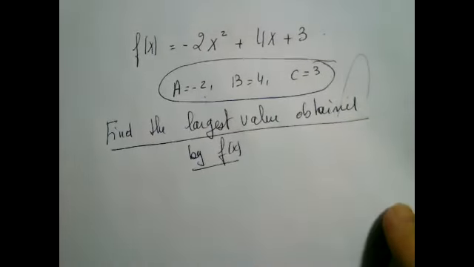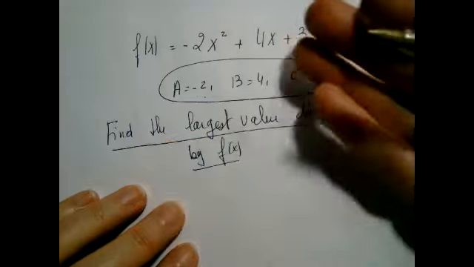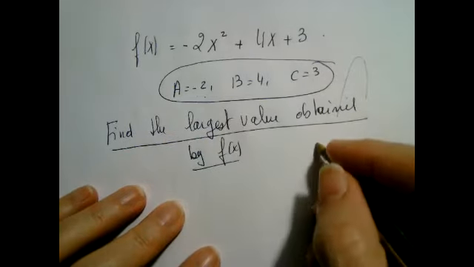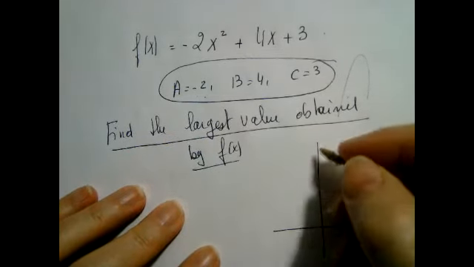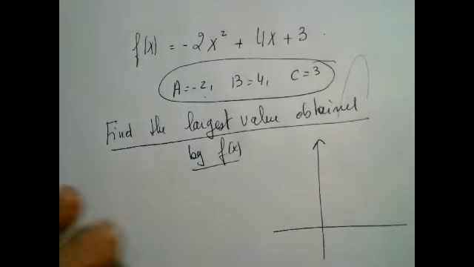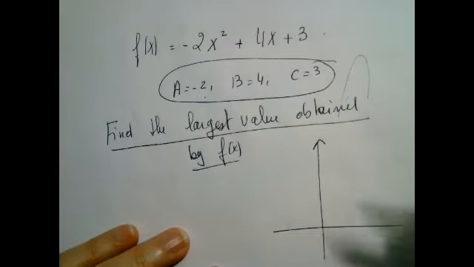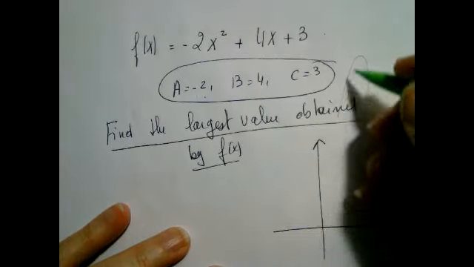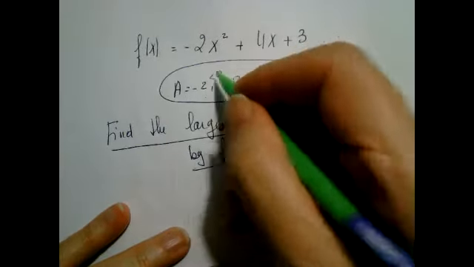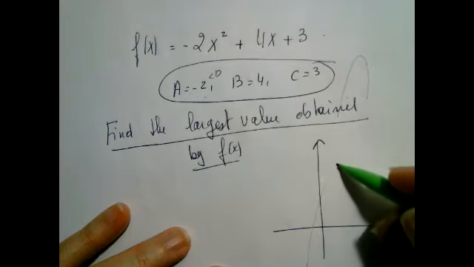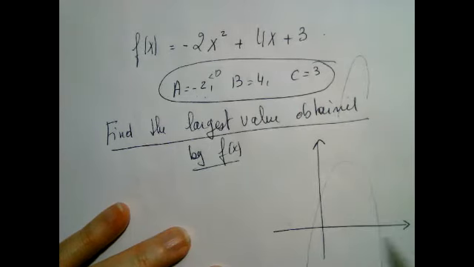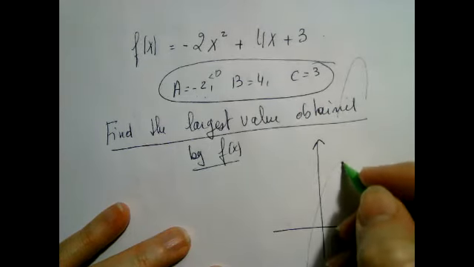So this is a function, an input and output. When we graph it, I don't know exactly how to do it without doing the math, but I know that a is negative, so we're going to have something like concave down. My question is, find the largest value.